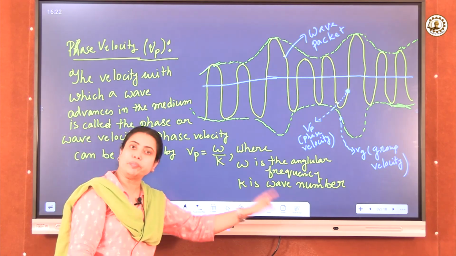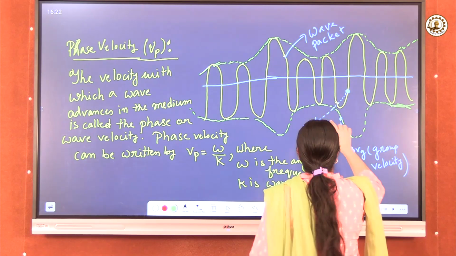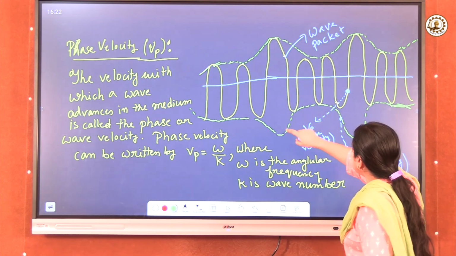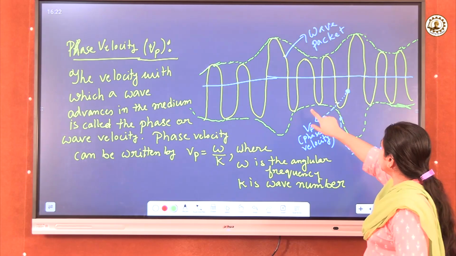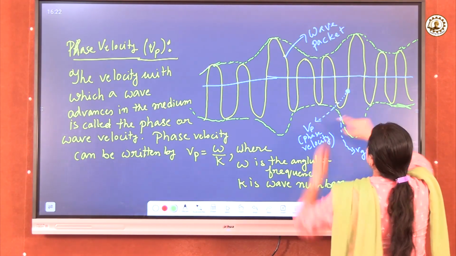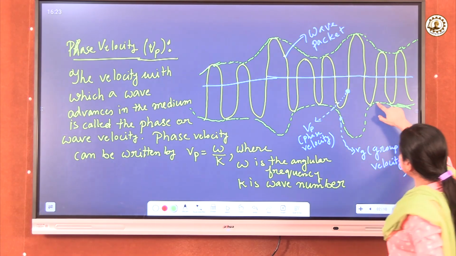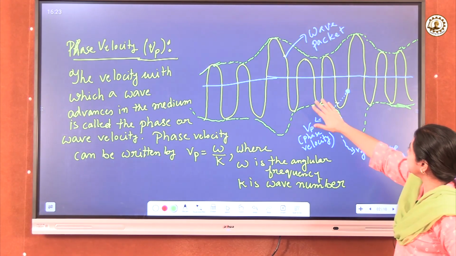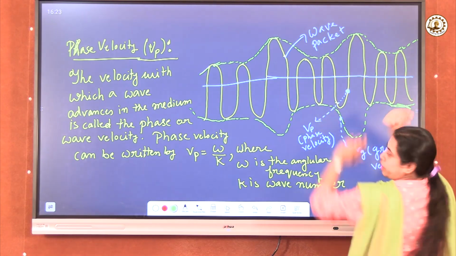So phase velocity can be written as Vp is equal to omega by k, where omega is the angular frequency and k is the wave number. And the group velocity is the resultant amplitude of this group of waves. If you see this green dotted line, it is going in this way. So this is the group velocity of this group of waves.